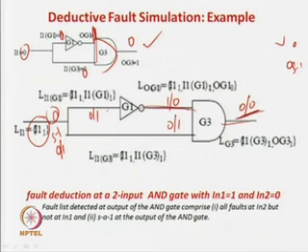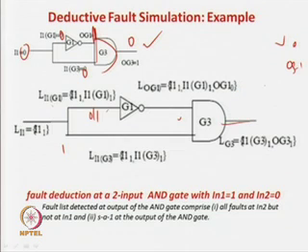Now, why is this not detectable? Because this stuck-at-1 fault at this net impacts this net by making a 0 to 1, and also this net by making a 1 to 0. So, the output is 0 0, that is normal case also 0, failure case also 0. It is not detectable because this stuck-at-1 fault is affecting both nets.